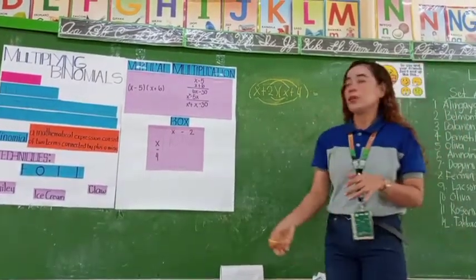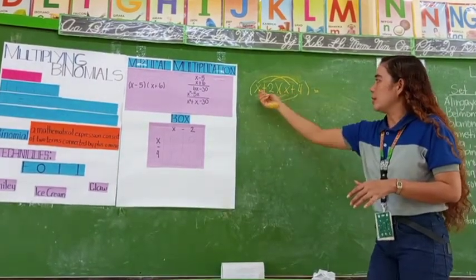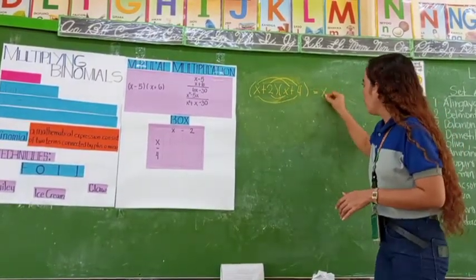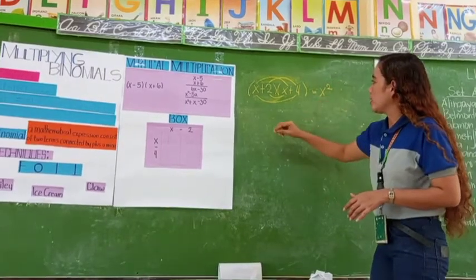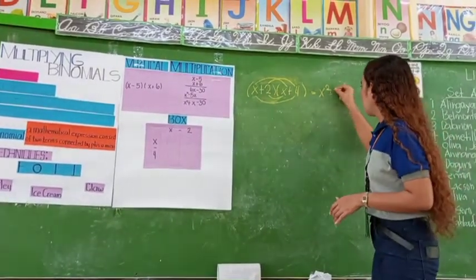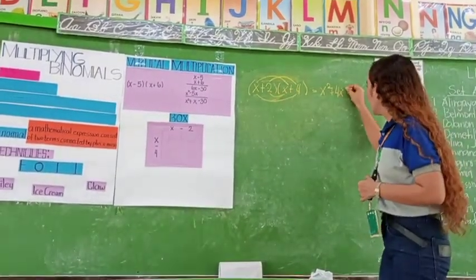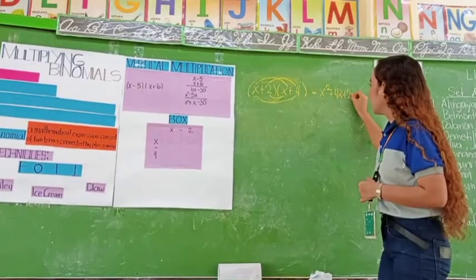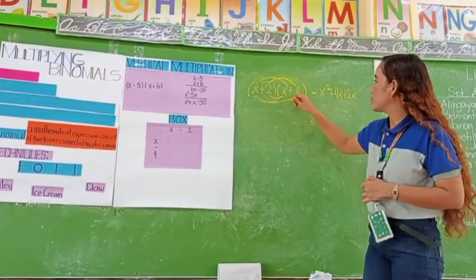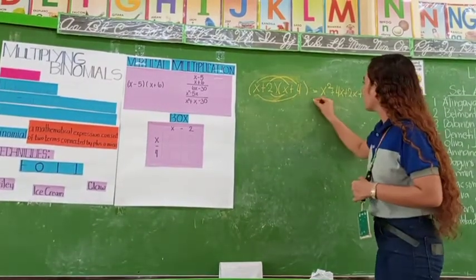So, yung gagawin natin is, we have the first term, x times x is x squared, and then x times 4 is plus 4x, and then 2 times x will be plus 2x, and then the last term is 2 times 4 equals to 8.